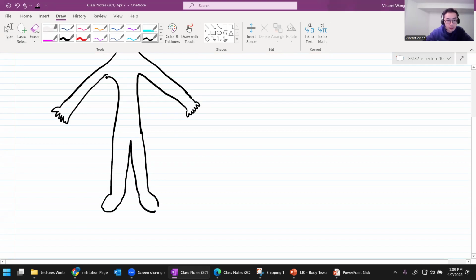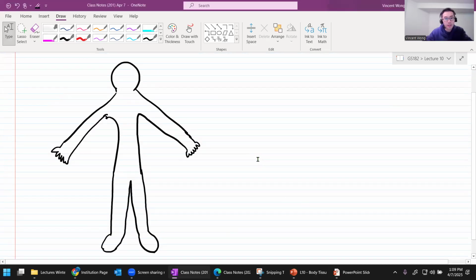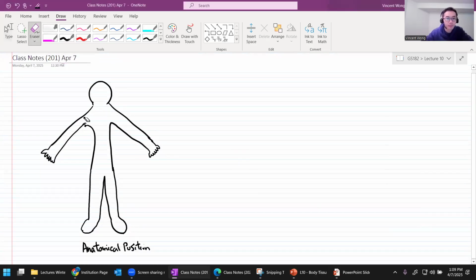There we go. So this is called the anatomical position. I know it's a little bit disproportionate, but maybe you can do better than me.